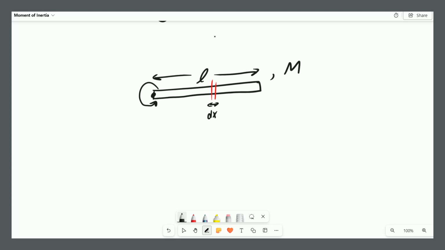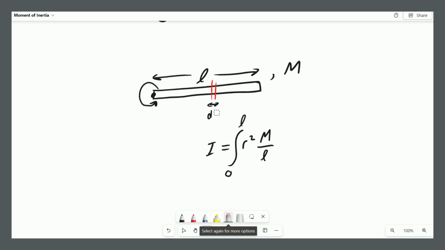So what exactly do we have to sum up here to get our moment of inertia? Well, we're going to have to take a sum from 0 to L of r squared times the mass. What's the mass of that little section? That mass is going to be the entire mass divided by the entire length, that's the linear density, multiplied by this dx.